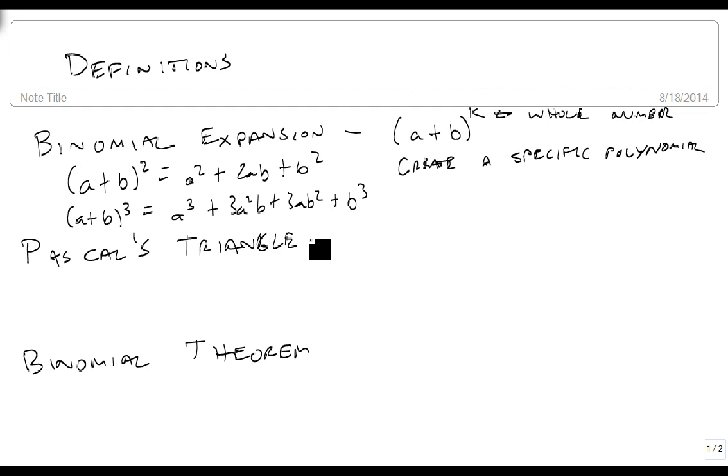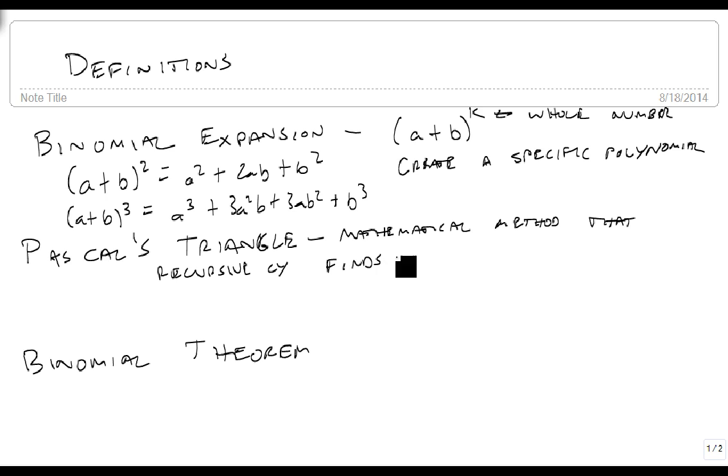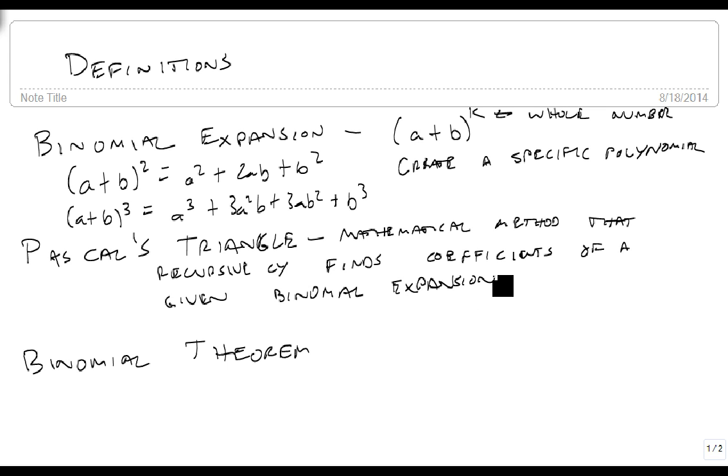Pascal's triangle is a mathematical method that recursively finds the coefficients of a given binomial expansion. So this is just a method for finding the coefficients.